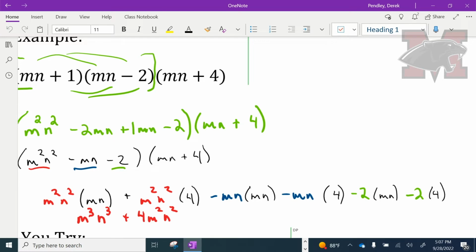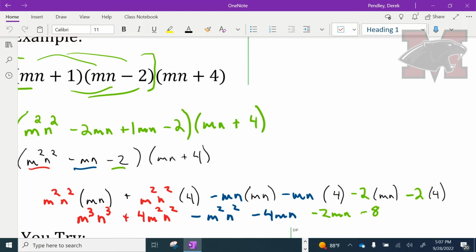M times m is m squared. N times n is n squared. And then minus 4mn. And then I have a negative 2 times mn gives me negative 2mn. And then negative 2 times positive 4 gives me negative 8.